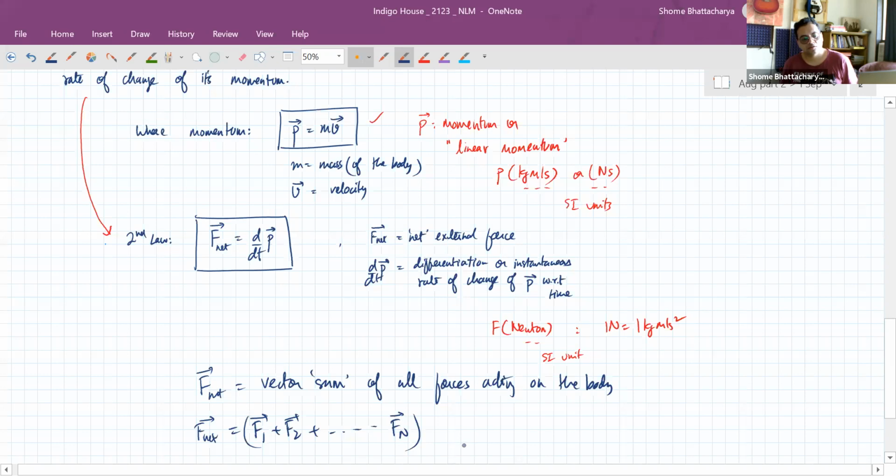These are n forces acting on the body. So we will typically use component algebra, that i cap j cap notation that you are used to. We'll typically use component notation.